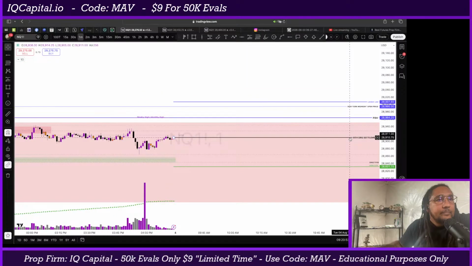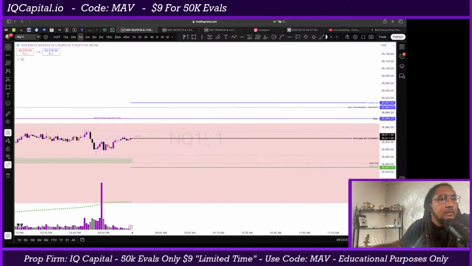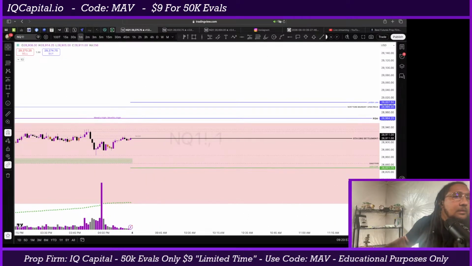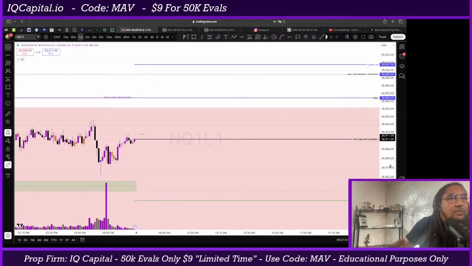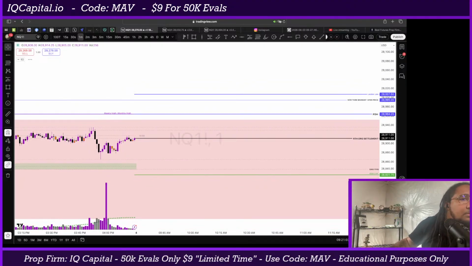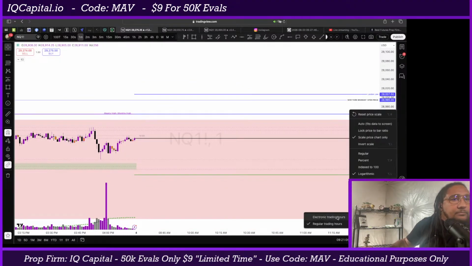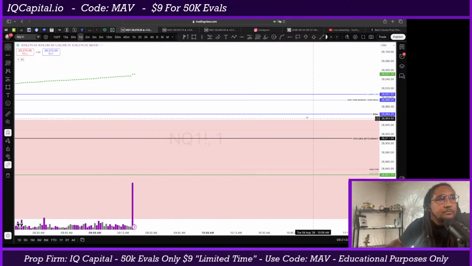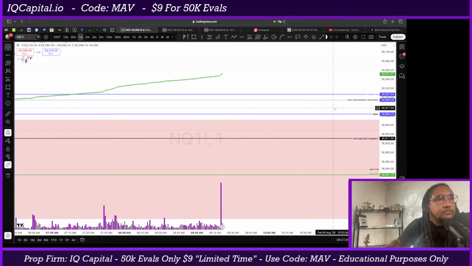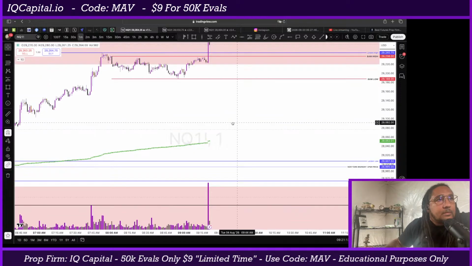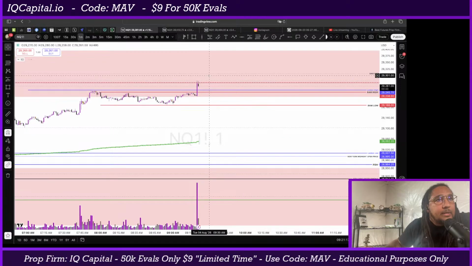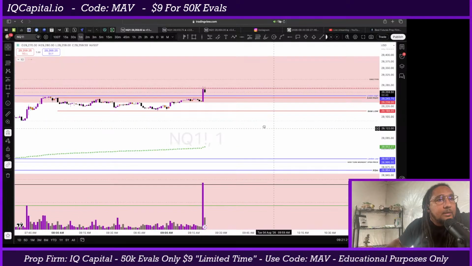That's our settlement price there. That's way down there. So if we open up here, then we have some major area of coverage here.